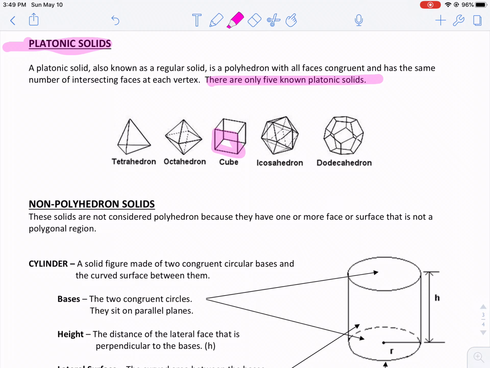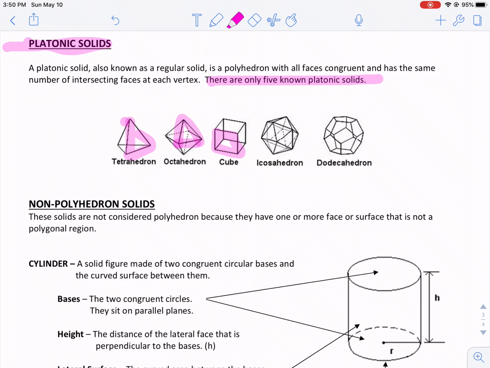A tetrahedron is made of 4 equilateral triangles. An octahedron is made of 8 equilateral triangles. And an icosahedron, I'm not entirely sure how many triangles that one is, guys, to be quite honest with you.